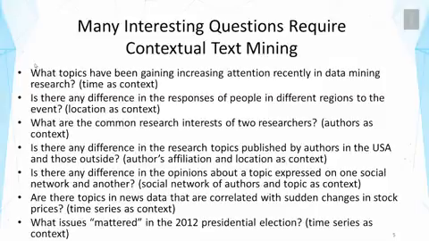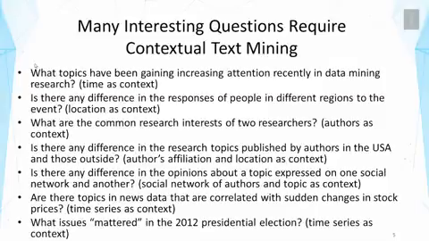Is there any difference in the research topics published by authors in the USA and those outside? Now, in this case, the context would include the authors and their affiliation and location. So this goes beyond just the author himself or herself. We need to look at the additional information connected to the author. Is there any difference in the opinions about the topic expressed on one social network and another? In this case, the social network of authors and the topic can be the context.